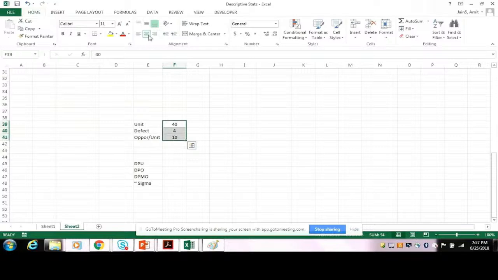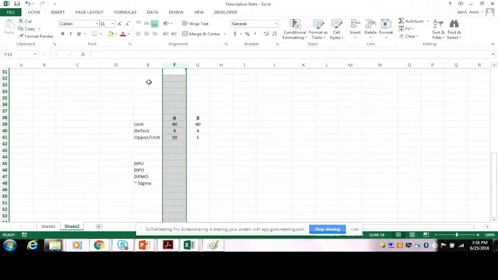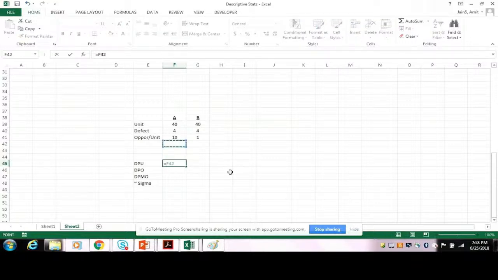Yeah, let's see what we can do here. 4 defects and 10 opportunities. So DPU, defects per unit, would be 10%, 0.1. 4 divided by 40, right?